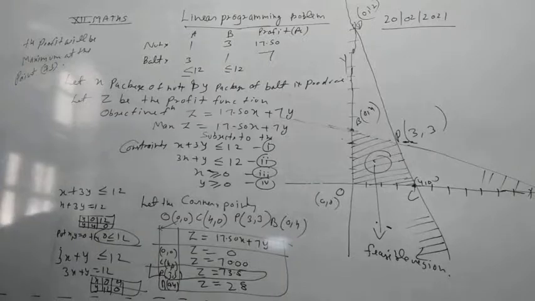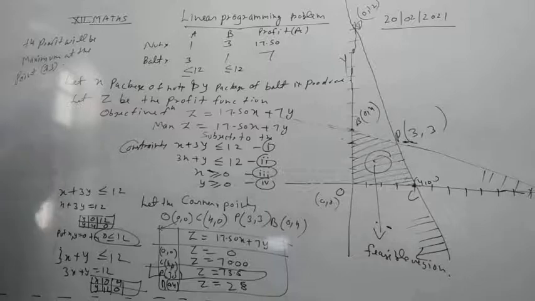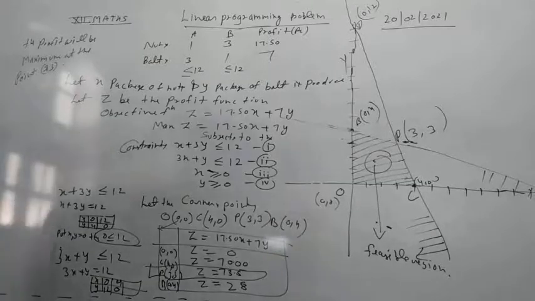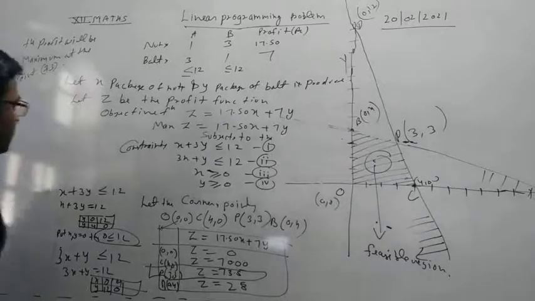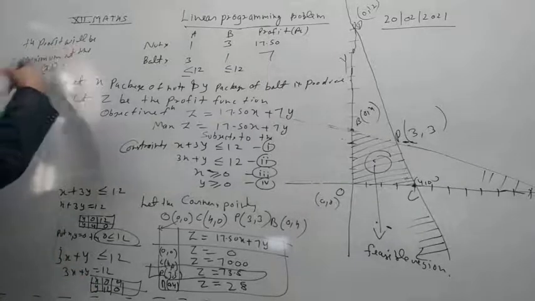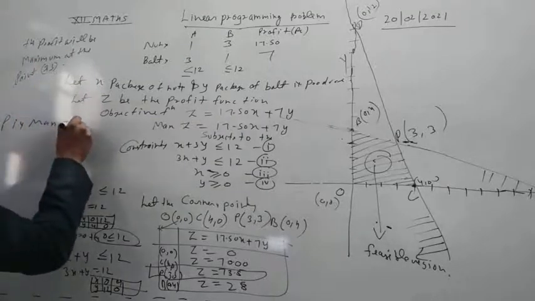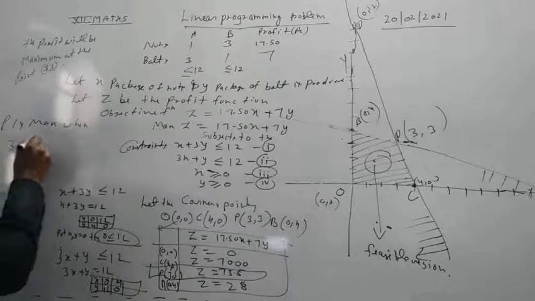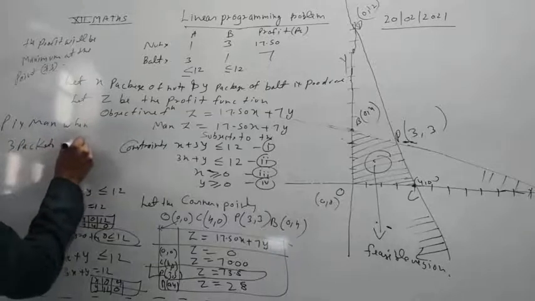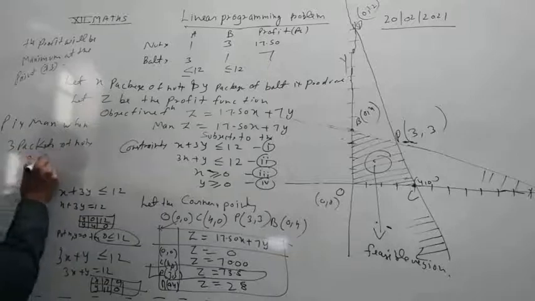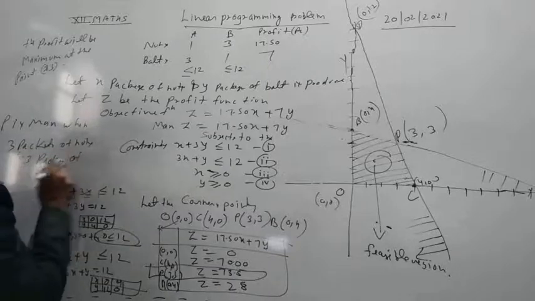So students, our answer will be that profit is maximum when 3 packets of nuts and 3 packets of bolts are produced. Okay, so profit is maximum when 3 packets of nuts and 3 packets of bolts are produced.